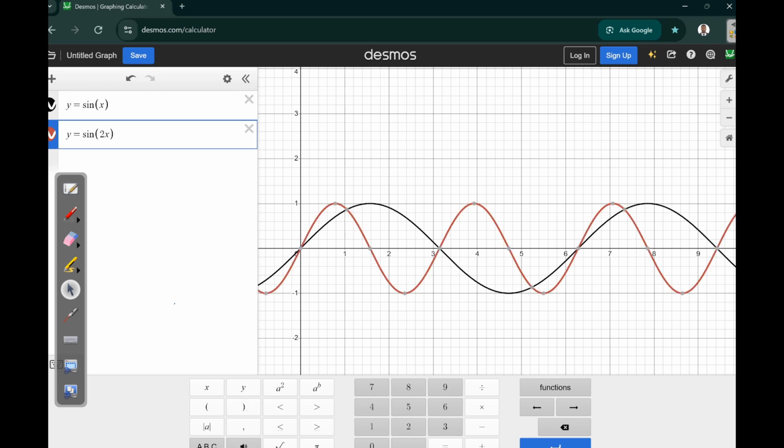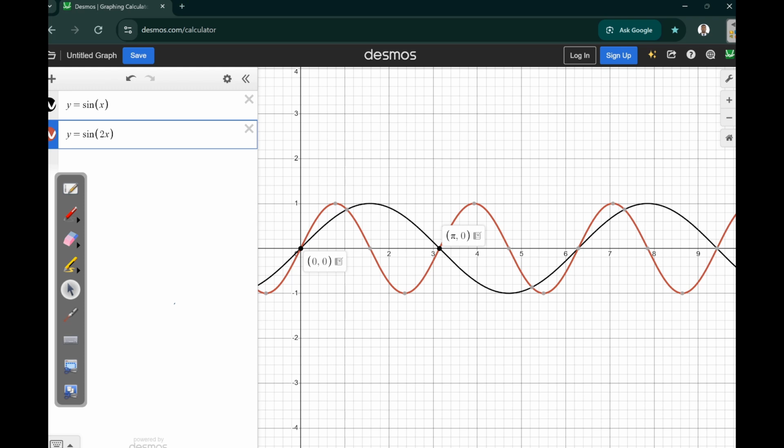See what is happening. I've multiplied this by 2, but then the period has changed. It is here, this is pi, 0. You see 0 to pi, it is repeating itself again. And this one will be now the 2 pi.